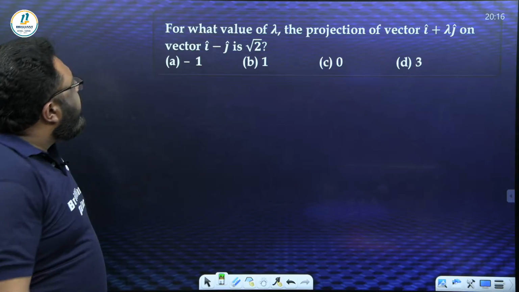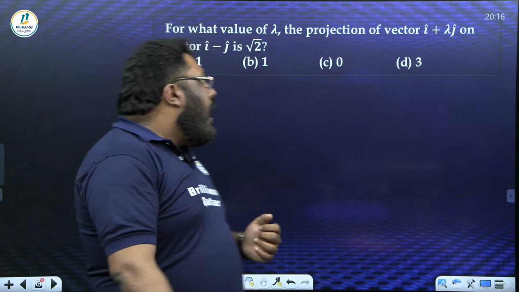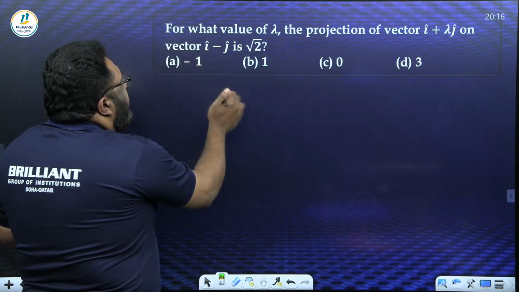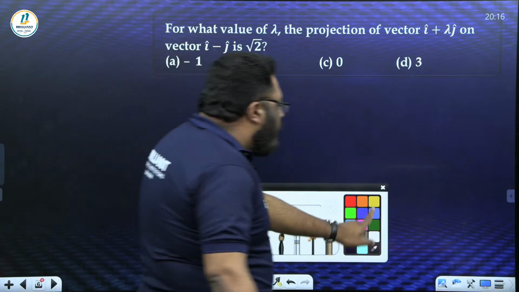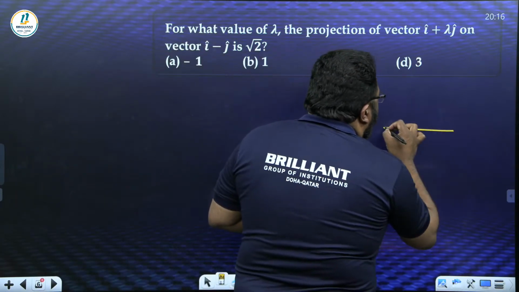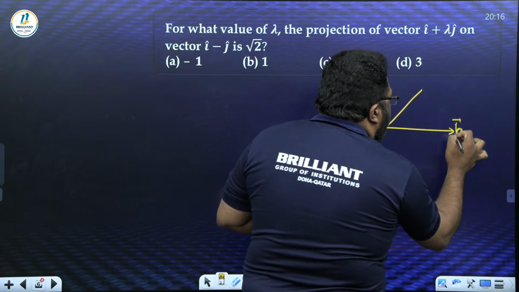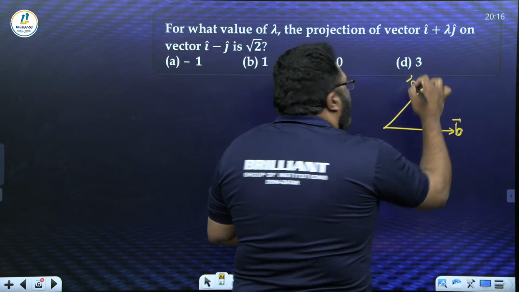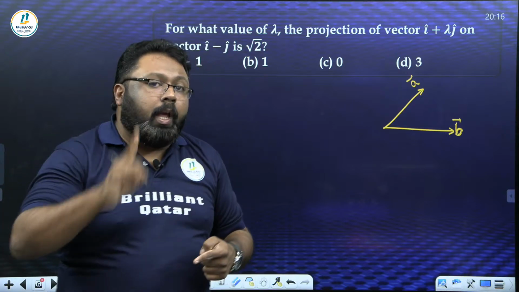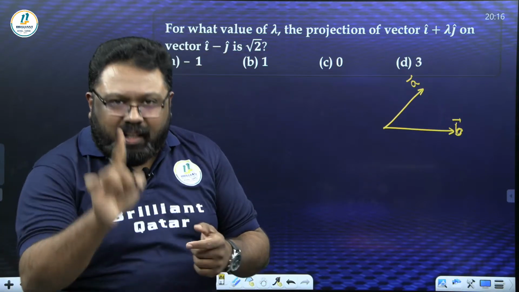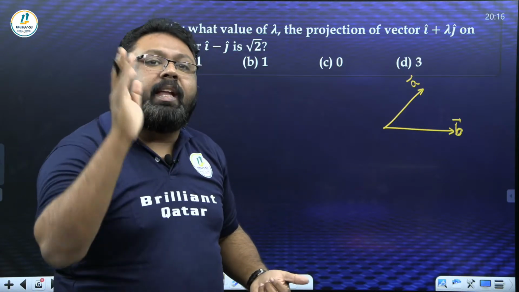Okay. Next one. For what value of lambda is the projection of vector i plus lambda j on a second vector i minus j equal to root 2? My dears, try to understand what is meant by projection. If I have two vectors which are co-initial, let's say this is vector B, and let's say this is vector A. Co-initial, the orthogonal projection, listen very carefully to me, orthogonal means perpendicular.